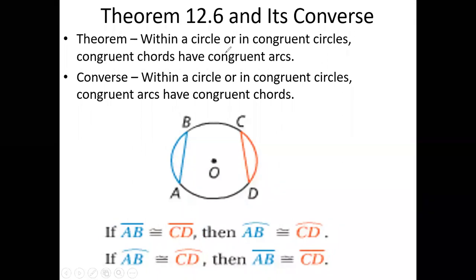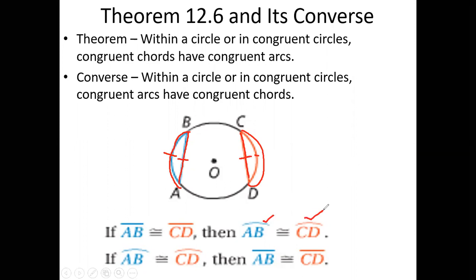Next theorem. Within a circle or in congruent circles, congruent chords have congruent arcs. Within this circle, if chord AB and chord CD are equal in measure, or congruent, then the corresponding arc AB will have the same measure as arc CD.